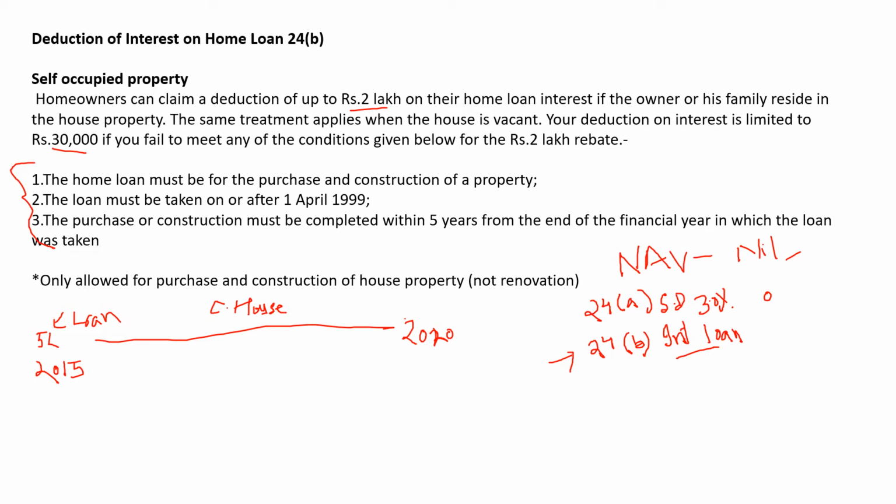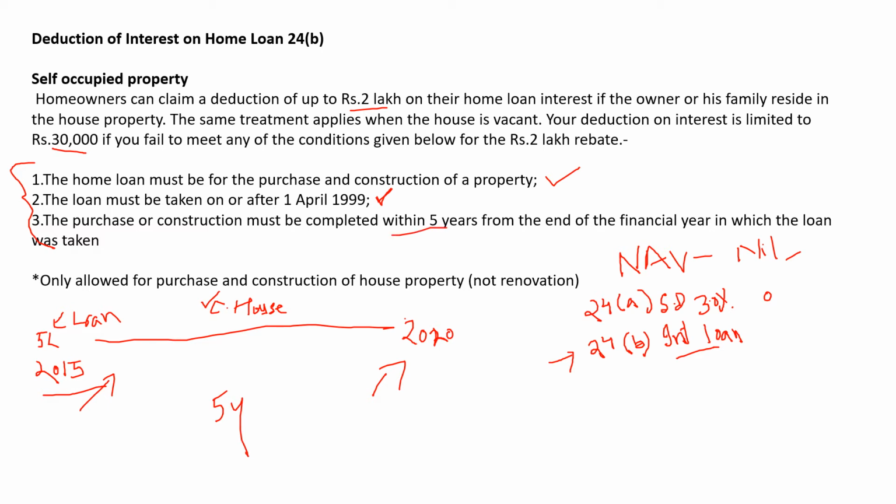It is for construction of a house, so this is fulfilled. The next is that the loan must be taken on or after 1st April 1999. It was taken in 2015, so it is fulfilled. And the purchase or construction must be completed within 5 years. I took the loan in 2015 and it was completed in 2020, within 5 years.